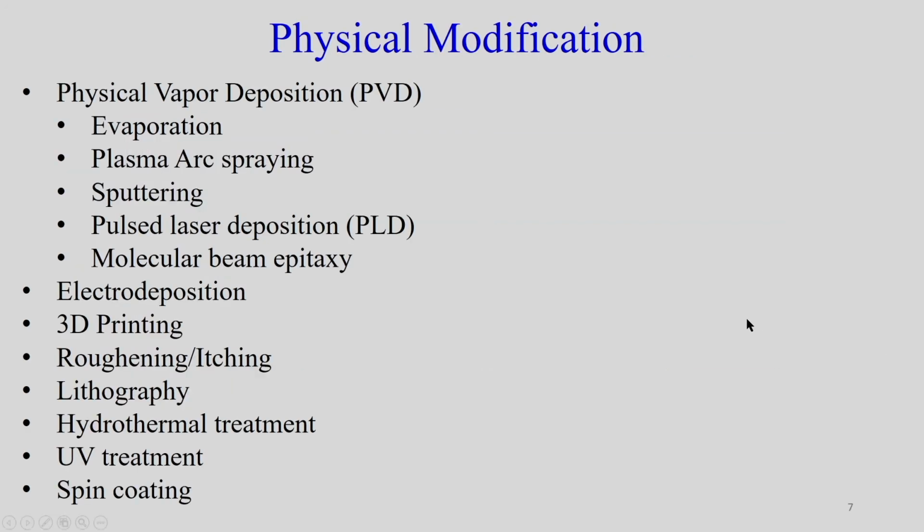Now, in the physical methods, we have a solid that has to be coated on the surface. The surface is also solid. Then first the solid has to go to the vapor, and then from the vapor it can be coated again on the surface.